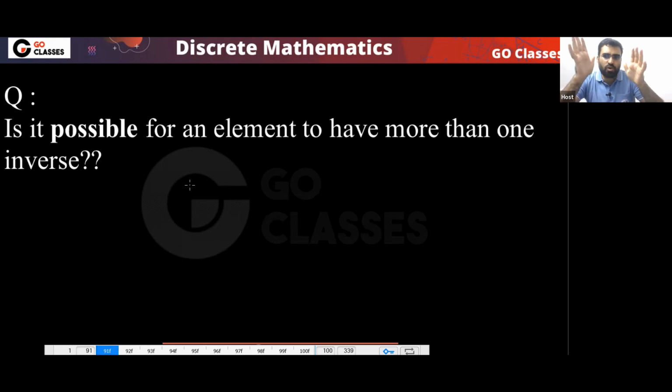But I am not asking about a group. Is it possible that an element can have more than one inverse? The answer is yes, it is very much possible. You can create a counterexample if you want.